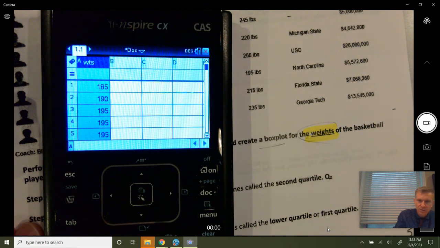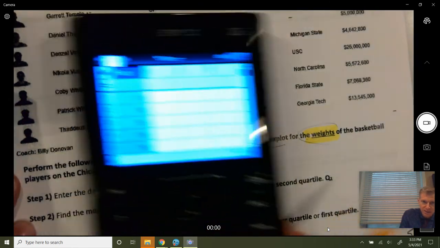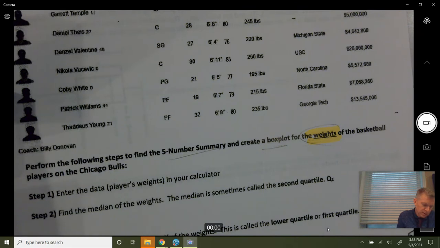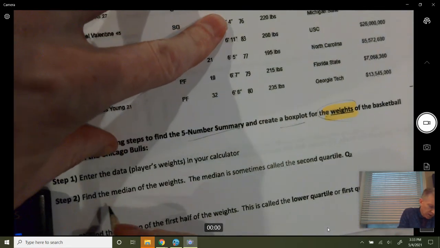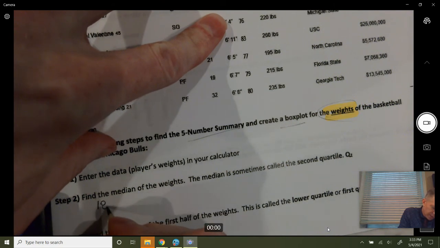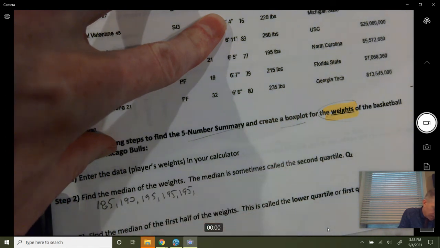Okay, now I'm going to list these out. Now let's put them in order. 185 is the lightest player. So I'm going to list these out. Okay, we've got 185, 190, 195, 195, 195.